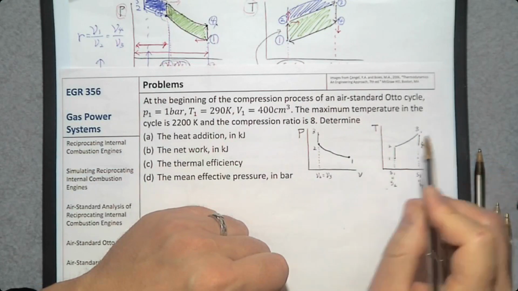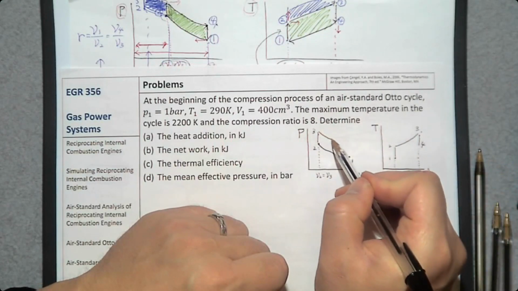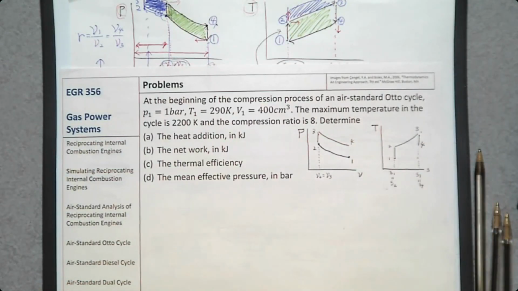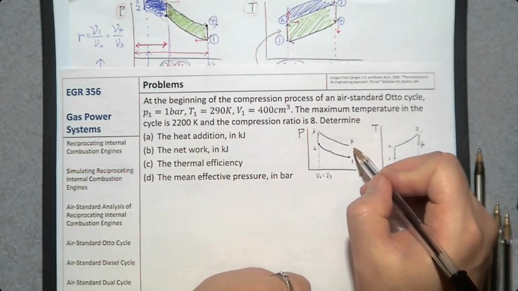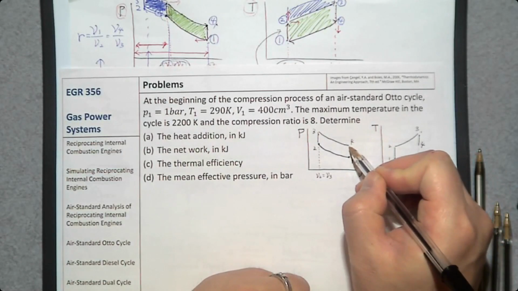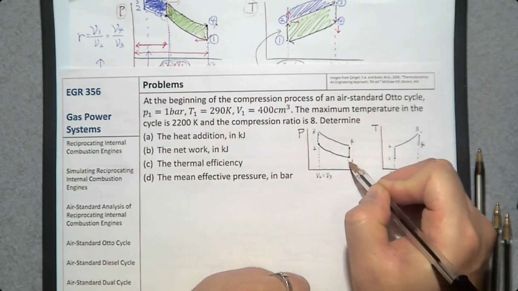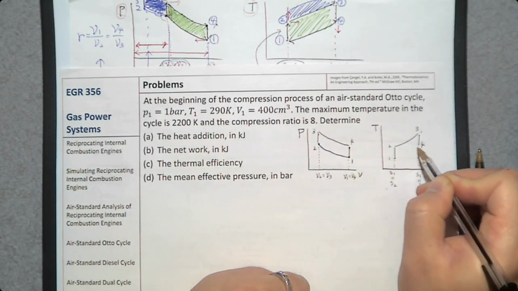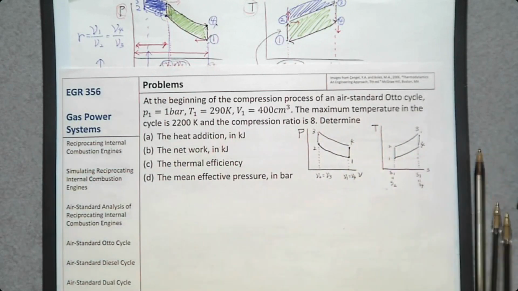So there's number 4. And finally, the cycle is going to be completed by constant volume heat rejection, constant volume, V1 is the same as V4, this way. So we just made the PV and TS diagrams.